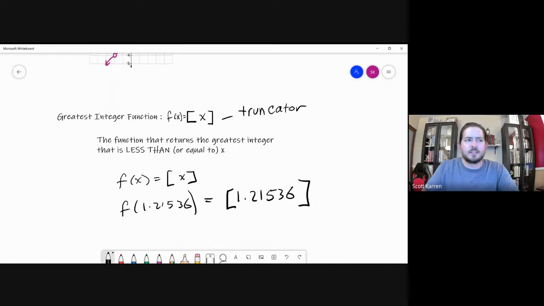It's the very largest number that is an integer but is not larger than this number. That number is 1. That's why we call it a truncator, because it just takes all of these decimals, chucks them in the garbage, and it's just the integer that we started with at the very left, right?